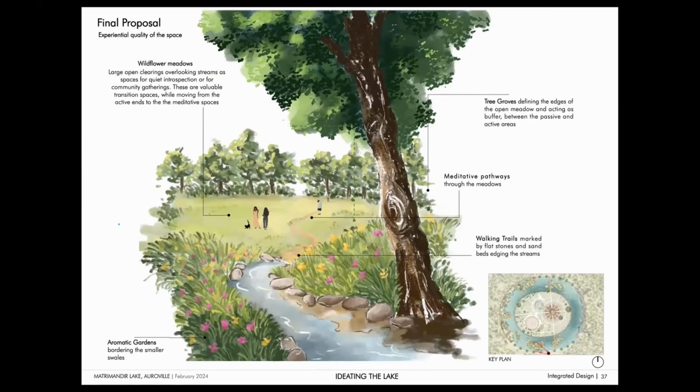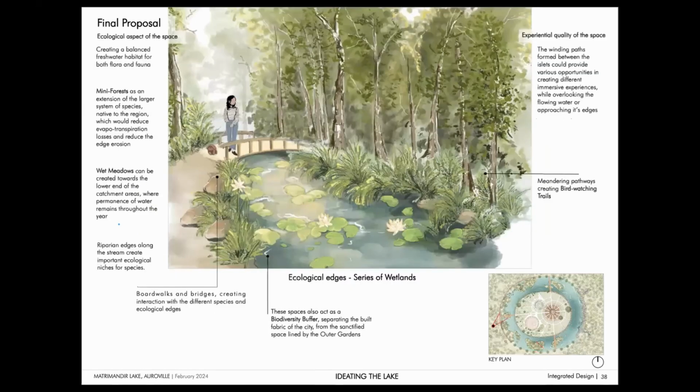A combination of multi-story vegetation, which includes trees, smaller and larger shrubs, grasslands, ground covers, and in some cases, it could also be lawns, which helps define the different qualities of the spaces that abound around the lake.